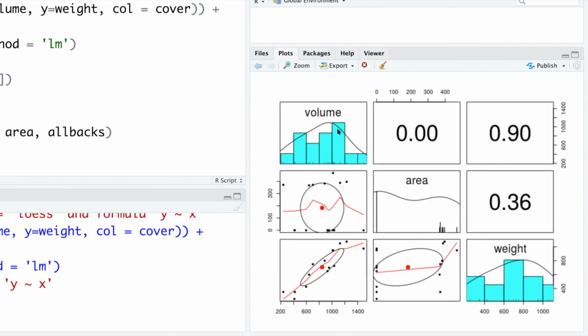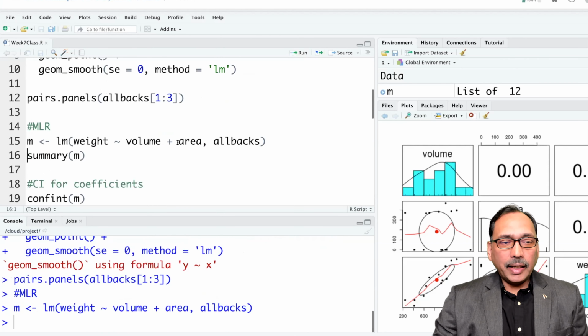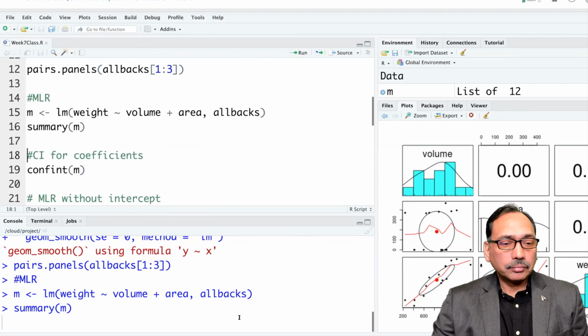Even looking at the histogram, we don't really see any major issue. Volume doesn't look very heavily skewed. Similarly for weight. Area doesn't have many points, so there are a lot of points here and some points here, and in between there's a lot of gap. And then we created this model by just adding volume and area with a plus sign, and then we did the summary.